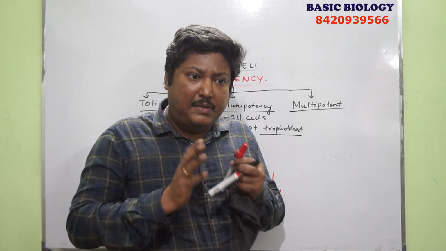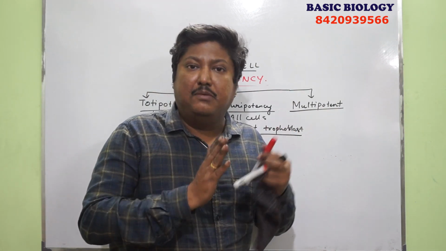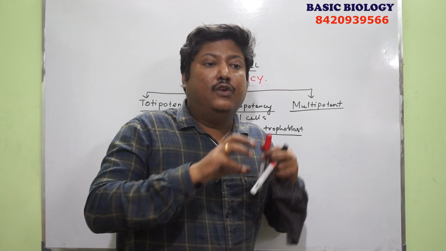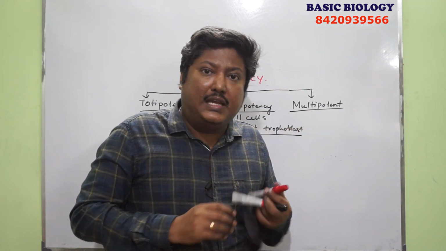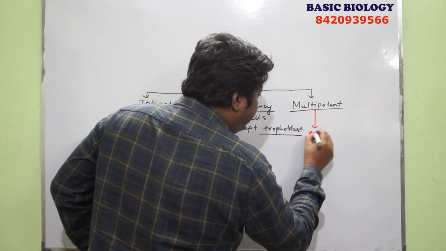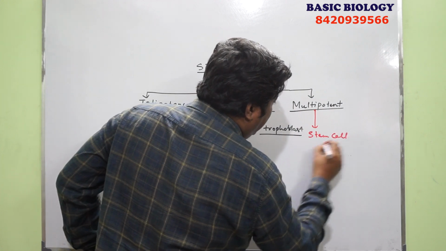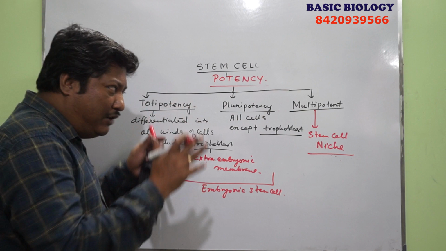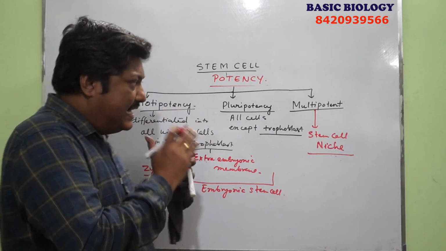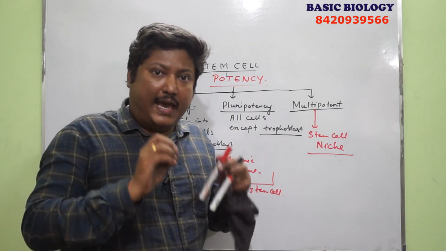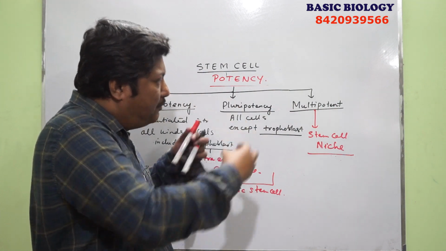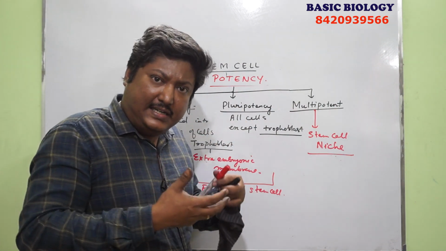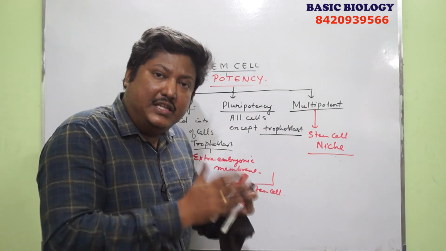Their differentiation is limited and they are mainly located within a particular stem cell niche. Now what is a stem cell niche? It is a particular location or area within the body where the multipotent stem cells proliferate and accumulate.